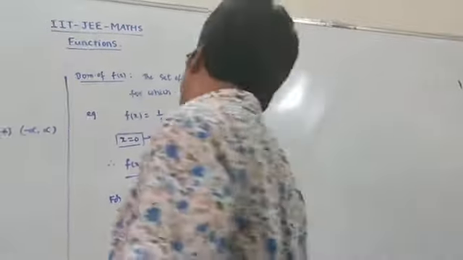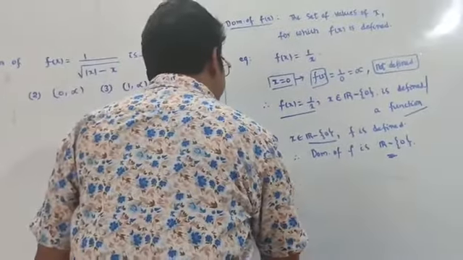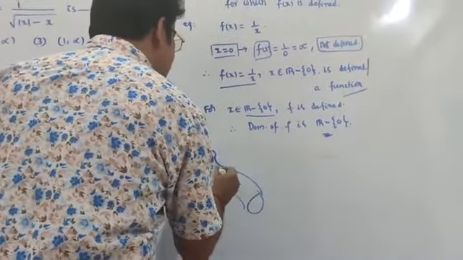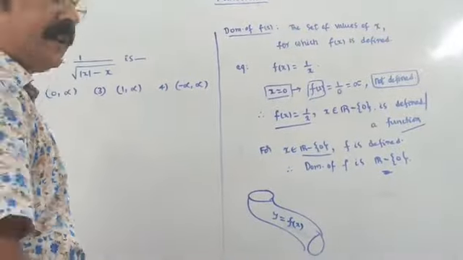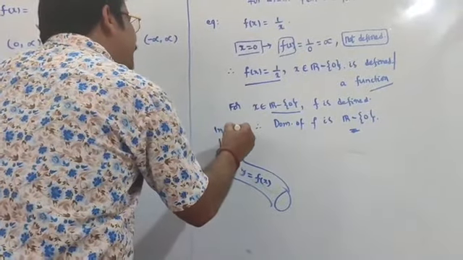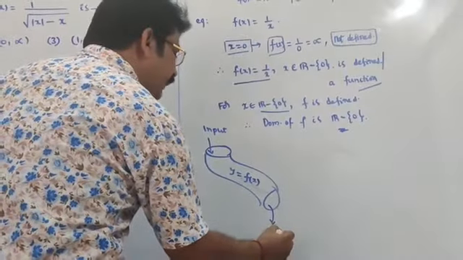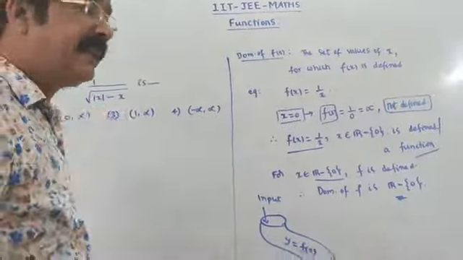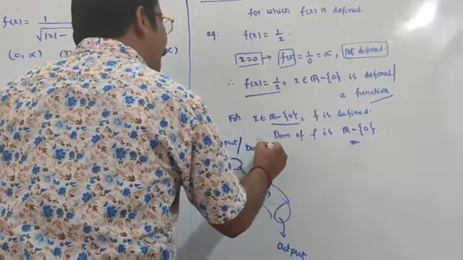Okay. Now, in another way, observe, this is y equal to f of x, the given equation. Here x is the input and y is the output. In mathematics, this input value is called domain.